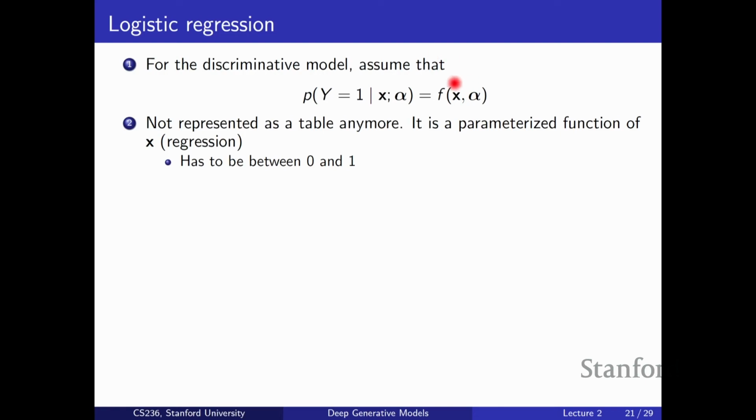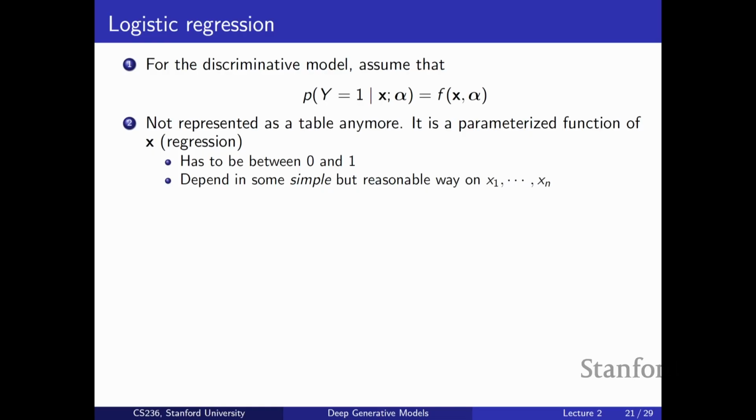If this function gives me a value of -1, it doesn't make sense, right? Because we know that probabilities are numbers between 0 and 1. So there are some constraints on this regression problem; in particular, we want the output to be between 0 and 1.